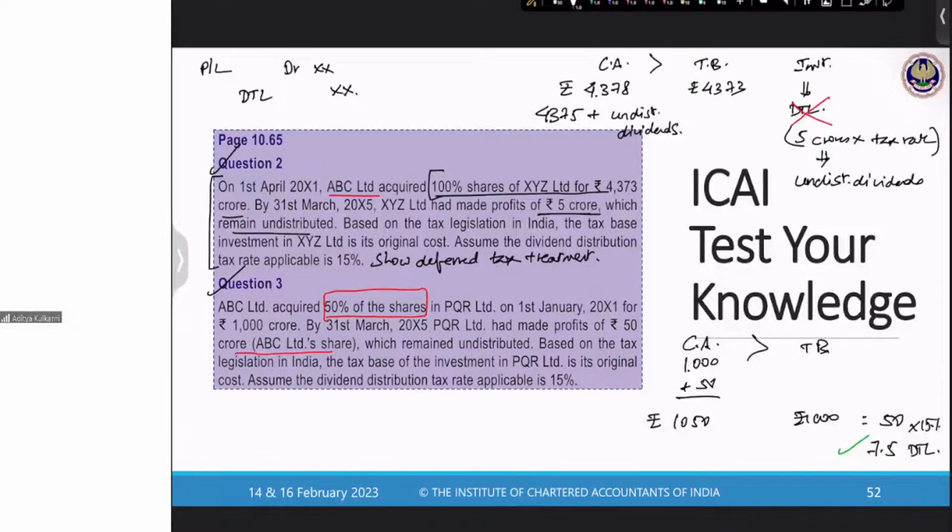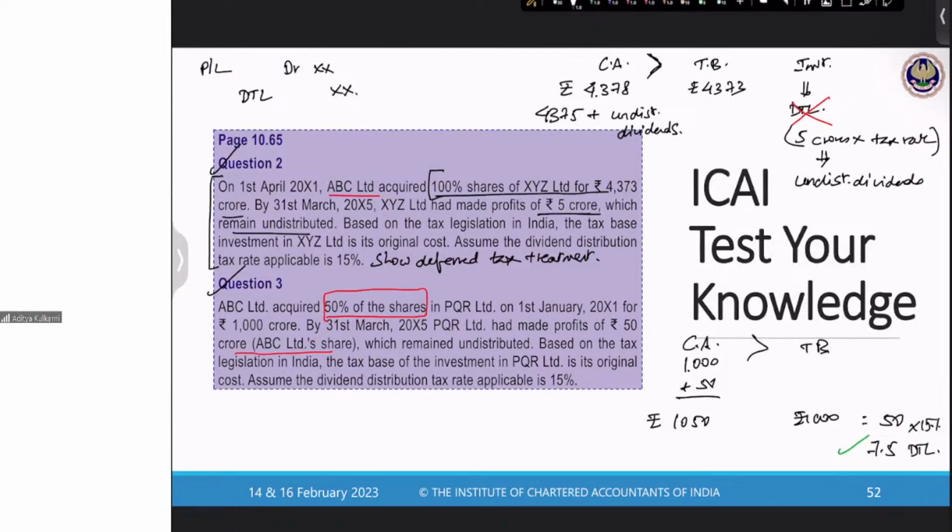Now, these 5 crores, when I say temporary difference, that means in the future, there is going to be a reversal of this difference. Yes or no? When I say temporary, this difference is going to be reversed in the future at some point of time.